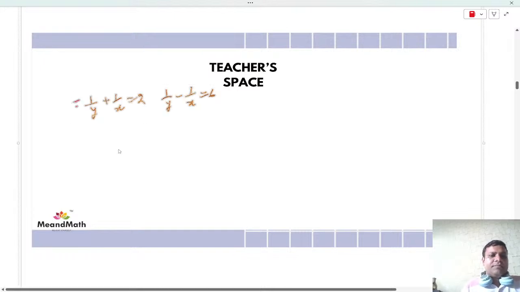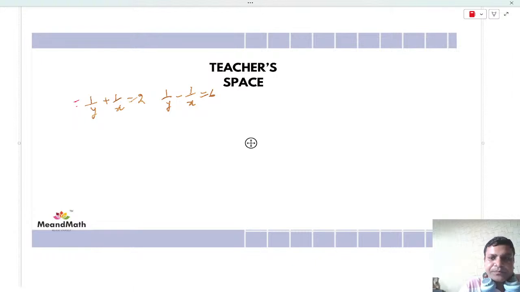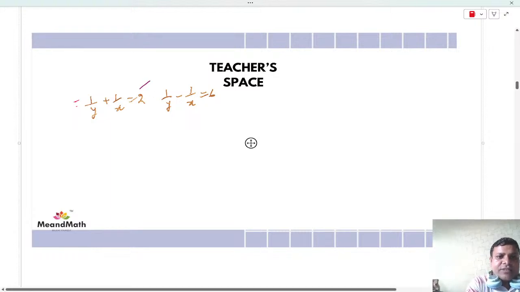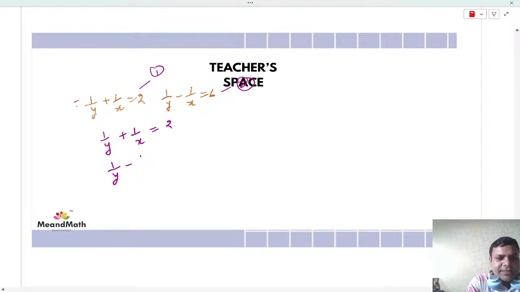This is equation number 1 and this is equation number 2. 1 upon y plus 1 upon x is equal to 2. 1 upon y minus 1 upon x is equal to 6 here.